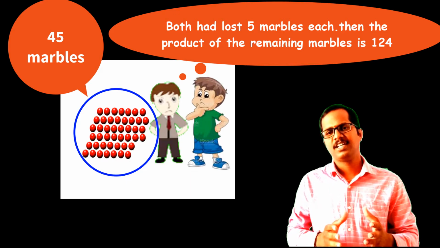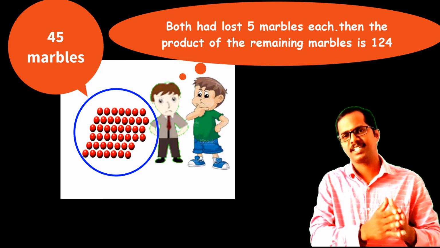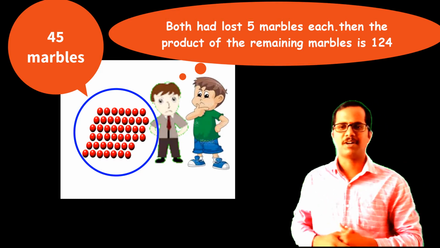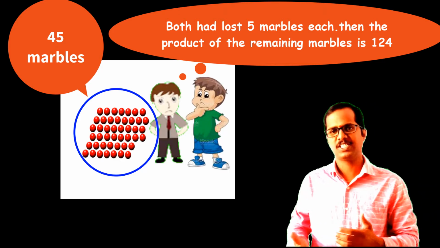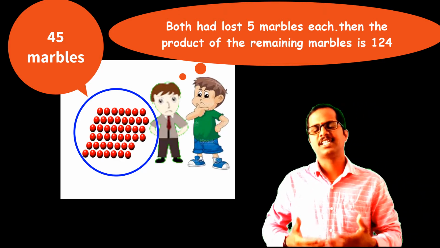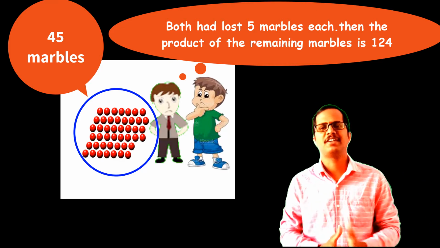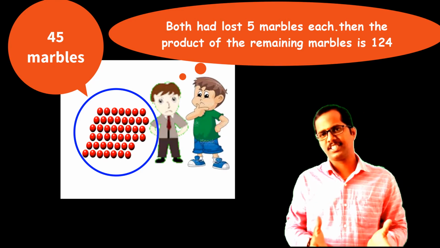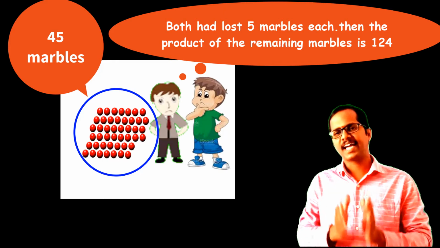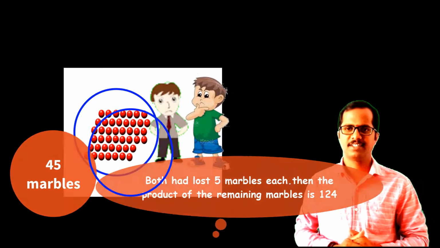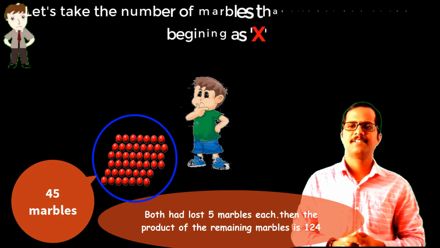But here we do not know the number of marbles that each person had before losing 5 marbles. If we don't know the quantity which we have to find, in such cases we assume that unknown quantity as a variable. So here, let us take the number of marbles that Sridhar had as x.